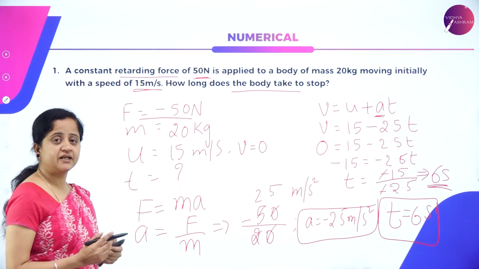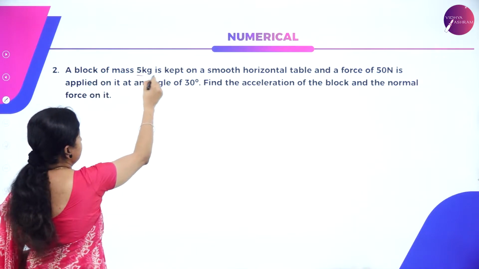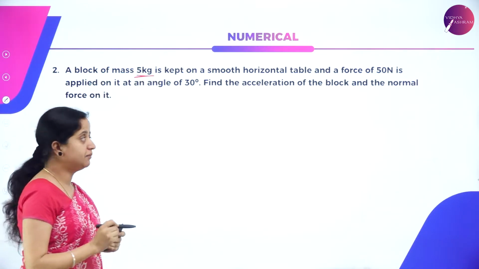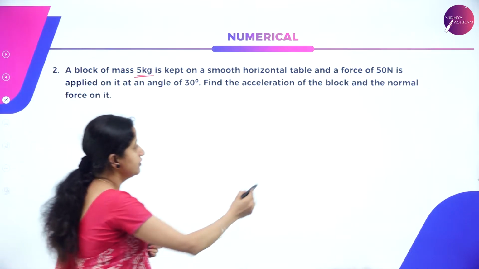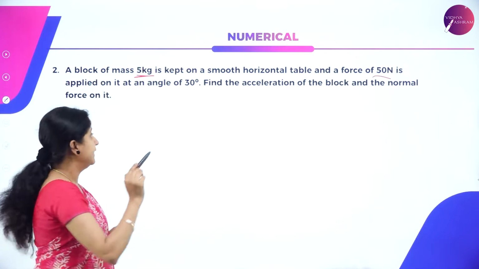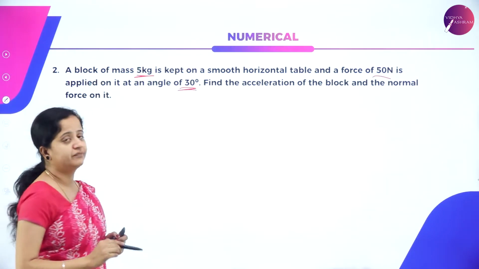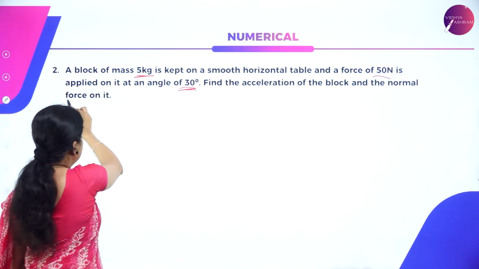So let us move on to the next problem now, and the next problem is: a block of mass 5 kg is kept on a smooth horizontal table and a force of 50 Newton is applied on it at an angle of 30 degree. Find the acceleration of the block and the normal force.